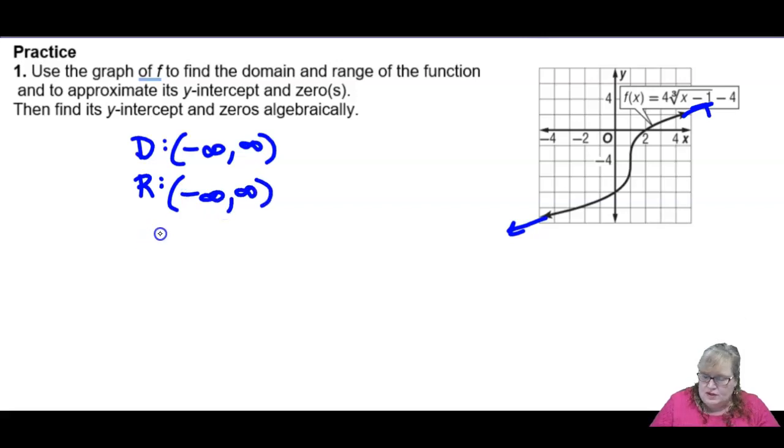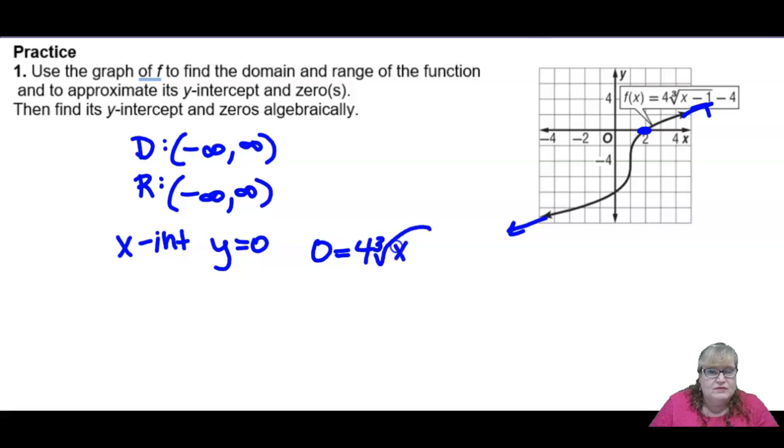The x-intercept is when y is equal to 0, and that appears to be 2 right here. If we put the function equal to 0, 4 cubed roots of x minus 1, sorry, minus 4.